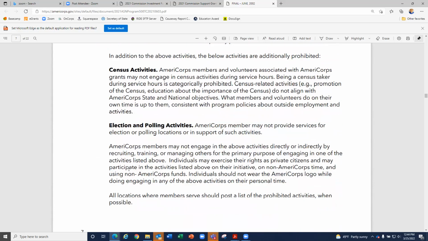If there are any questions about that, including the census, more of an issue a couple of years ago, and election and polling. Americorps members may not provide services for election or polling locations or in support of such activities.